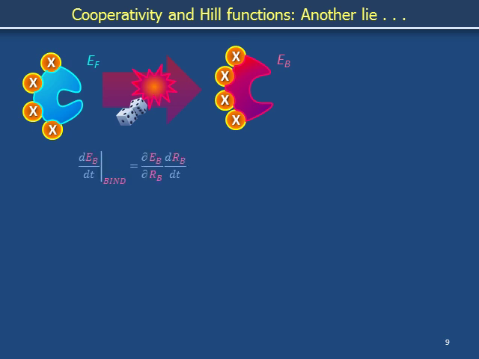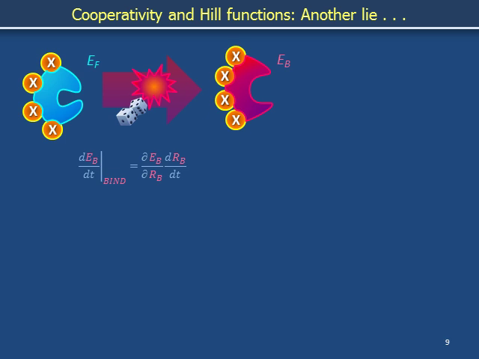The portion of the time rate of change of the bound enzyme population E sub B, owing to this binding reaction, is equal to the product of the rate of change of the number of bound enzymes E sub B with respect to the number of binding reactions R sub B that have accumulated since some reference time, multiplied by the time rate of binding reactions.